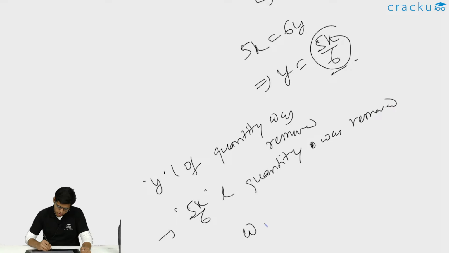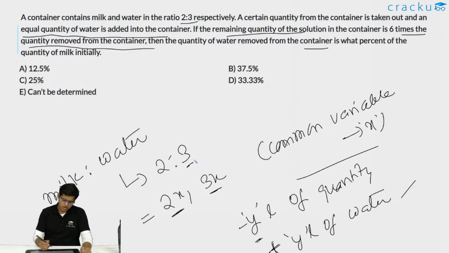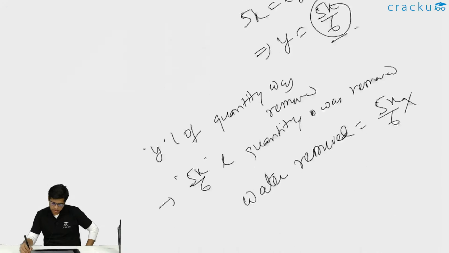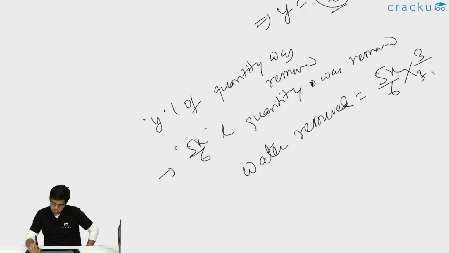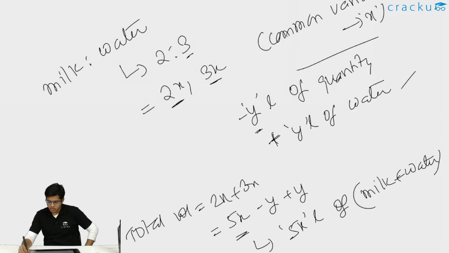So how much water is removed? Water removed will be 5x by 6 into, what is the water to total ratio? It is 3 by 5, 3 by 3 plus 2. So 5x by 6 into 3 by 5, which is x by 2. So water removed is x by 2.